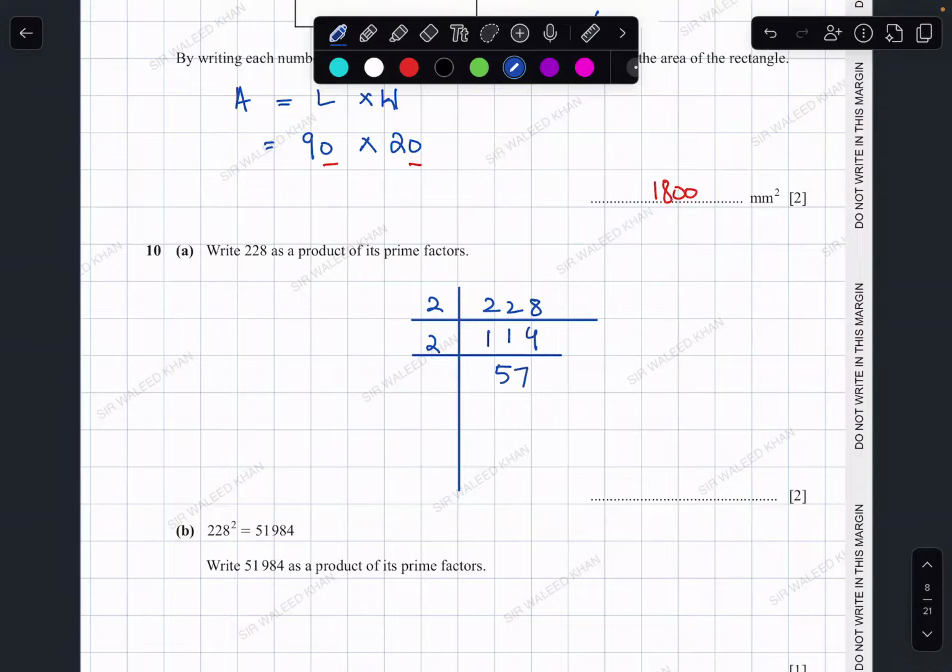Now, the last digit is not an even number or 0, so I can't use 2. Look for another number. For divisibility of 3, 7 plus 5, what do we get? 12. If 12 is divisible by 3, then 57 is also divisible by 3. So this is 19. Obviously 19 is a prime number, so we can't go past that. So that is 2 squared times 3 times 19.